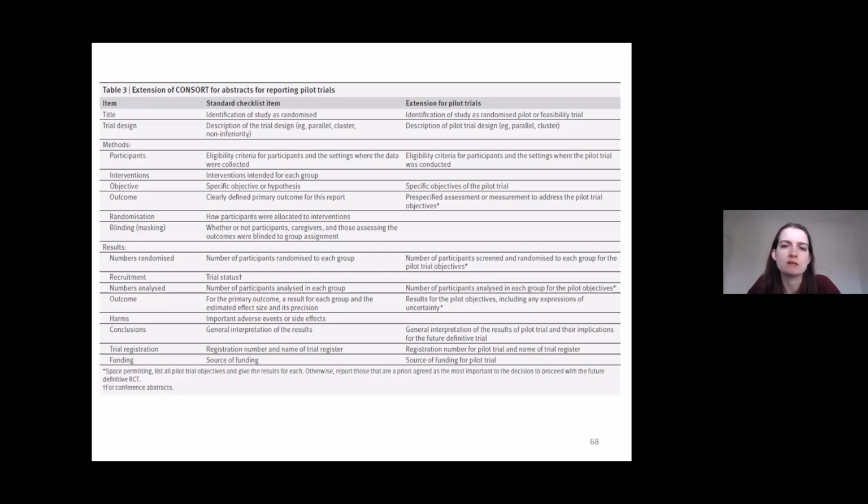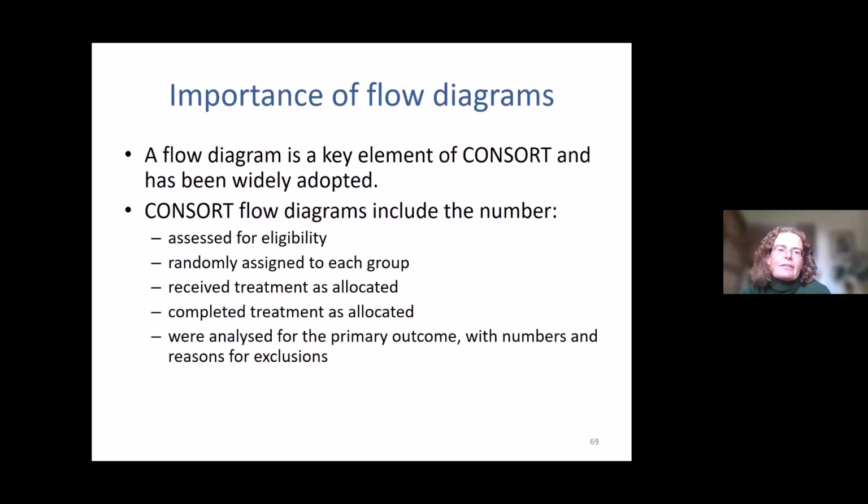Okay. And now we've covered abstracts, what about flow diagrams? So why are they important? Yeah, so another slide for you. Flow diagrams are a really important element of any trial, and they're widely adopted for main trials.